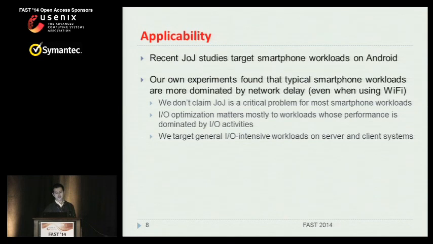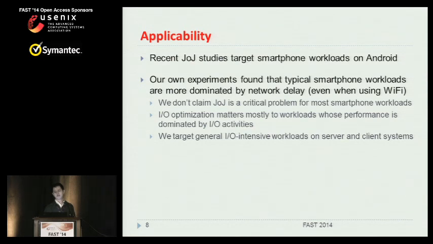Before I turn to the performance evaluation, I want to make a quick note on the applicability of this work. The recent journaling-of-journal studies mostly target smartphone workloads on Android systems. Following their footsteps, we tried to run some of these experiments, but unfortunately, our own experiments found that typical smartphone workloads are much more dominated by the network delay.